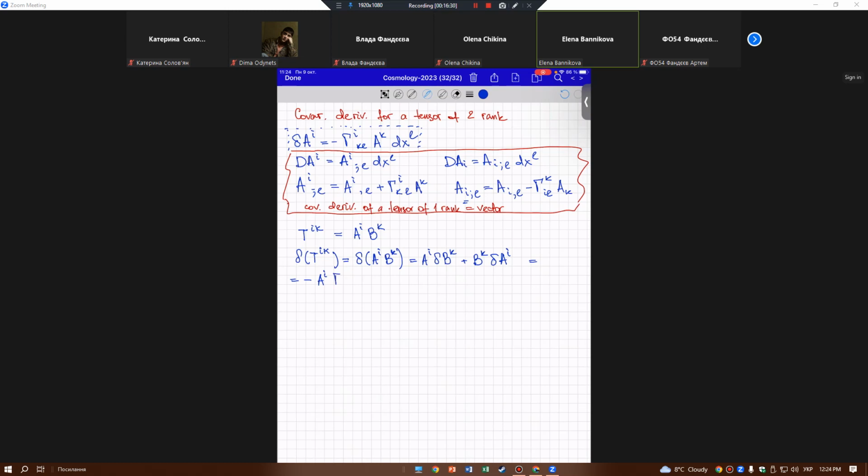It will be gamma with upper index k, because gamma takes this index k. Below we will put, for example, lm, B^l dx^m.